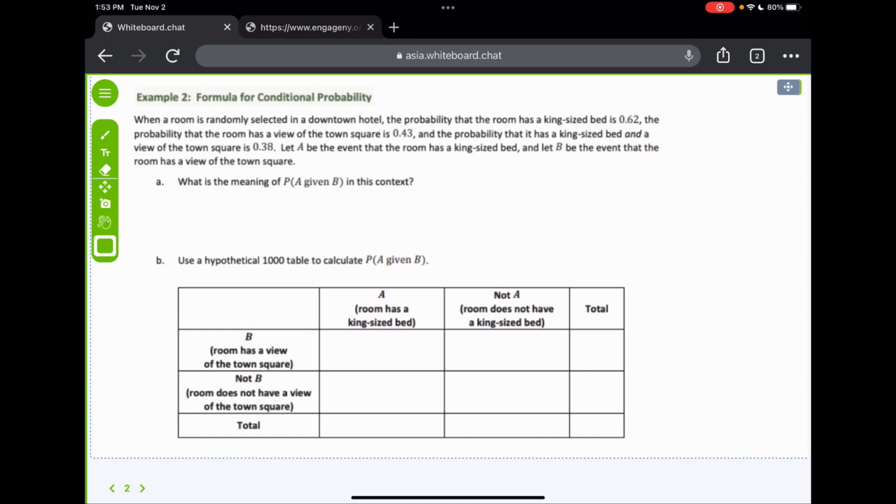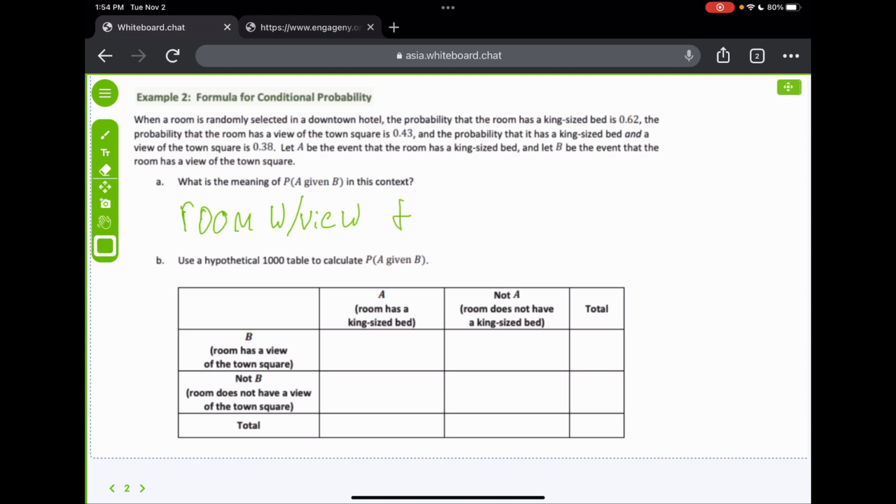Now, let A be the event that the room has a king-sized bed, and B be the event that the room has a view of the town square. What is the meaning of the probability of A given B? Well, the meaning would be the probability that the room has a king-size bed given that it has a view.